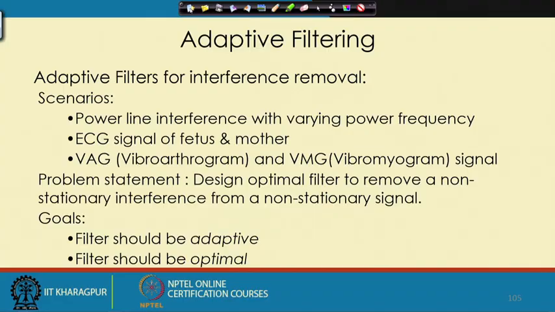Sometimes we may be interested to check the health of the fetus, and we would like to take the ECG from the fetus, but in that case also what will happen, even if we put the probe in the abdomen of the mother, because the mother's ECG is stronger, it will again ride on the fetus ECG and act as an interference there.